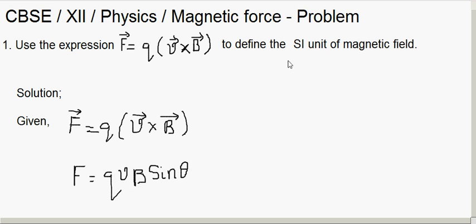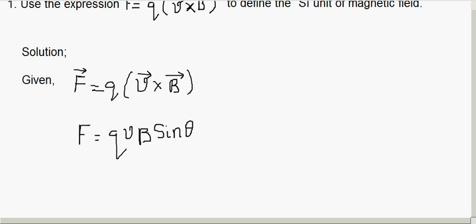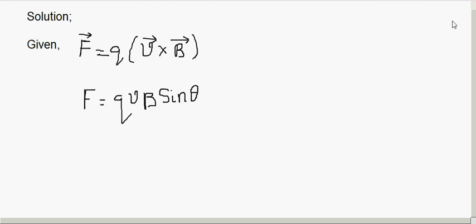Now we need to define the SI unit of magnetic field, that is B. Now we will derive an expression for B from this equation. So from this we can write B is equal to F divided by QV sin theta.